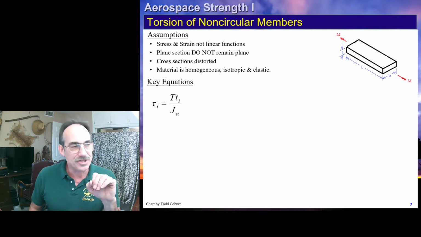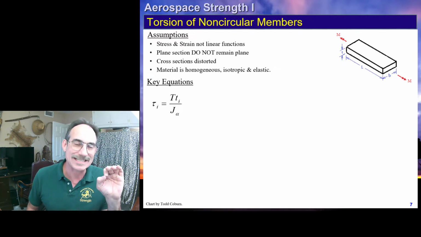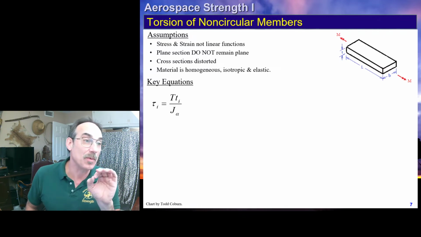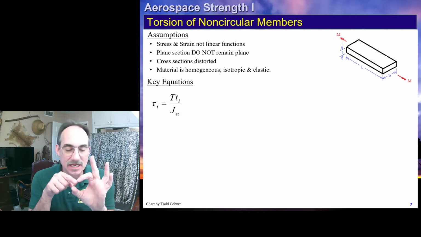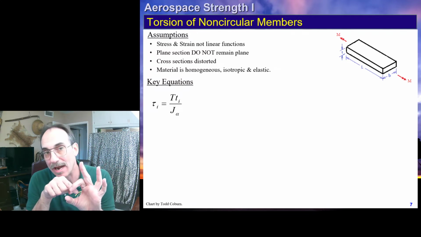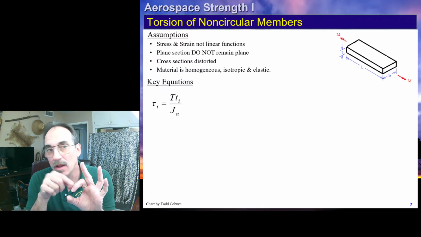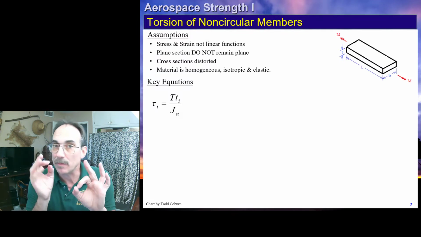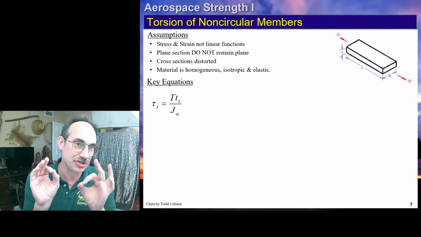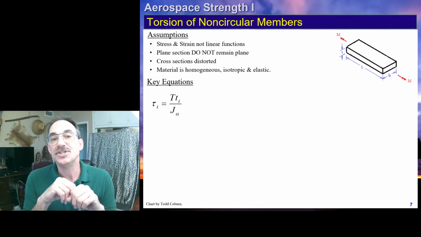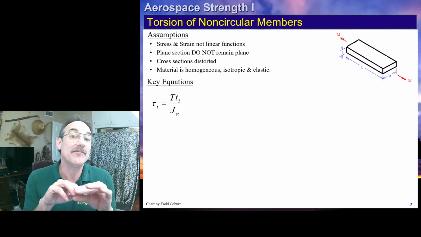Our key equation is that the shear stress at any point is Tt over J. And actually, even though we can analyze for the shear stress at any point in a round section by just plugging in the R, when we deal with a non-round section, we basically are just going to calculate the shear stresses at the maximum spot, which is at the middle of the flange.